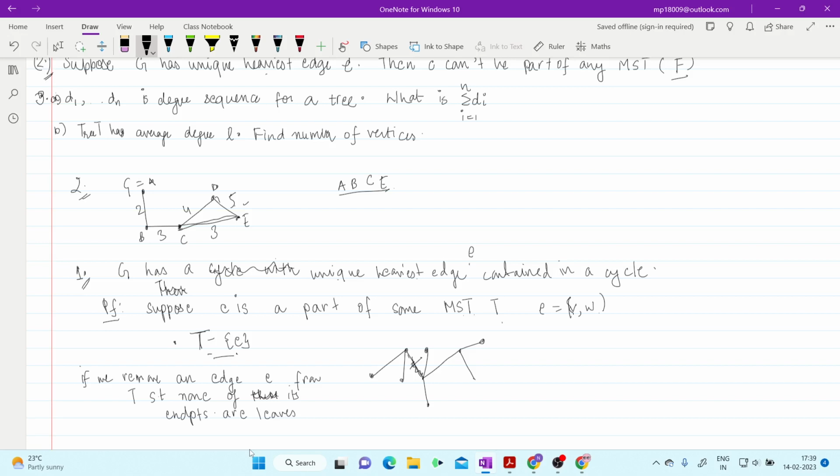So is it always true that if we remove an edge from a tree, and that edge appears in the middle, that is, none of its endpoints is a leaf, then T minus E will become disconnected?